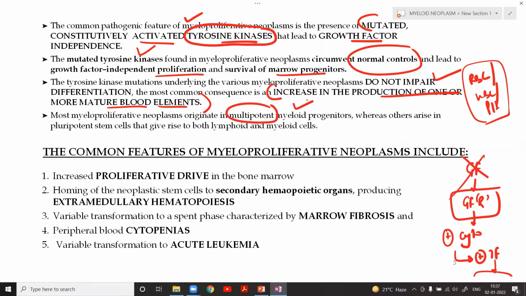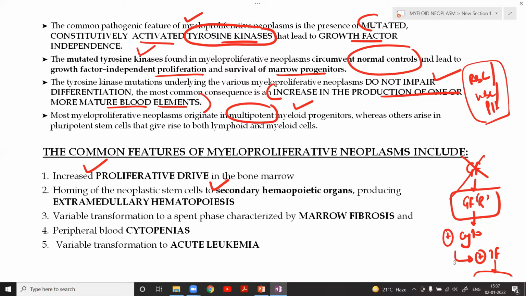Now, the common features of myeloproliferative neoplasm include increased proliferative drive in the bone marrow. So all the series, the erythroid series, WBC series, platelet series, are going to proliferate rapidly in the bone marrow. The second thing is the homing of the neoplastic cells. All of these neoplastic series, the myeloid, erythroid and platelets, arise from a defective neoplastic hematopoietic stem cell.